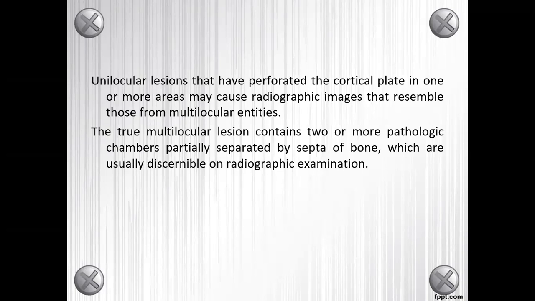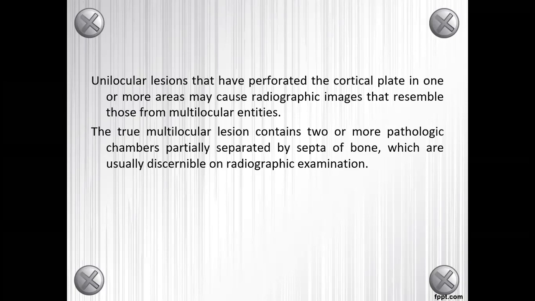When a lesion appears as one radiolucency, because of the destruction, perforation or thinning of the bone, septae are formed, and these septae make it go into multilocularity. So a unilocular radiolucency may also look multilocular by the septae which are formed.